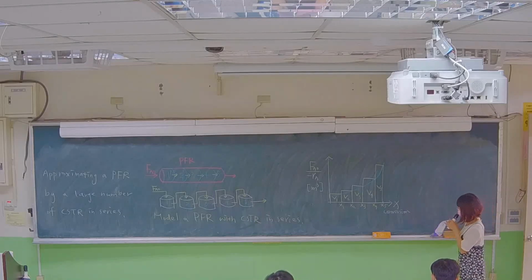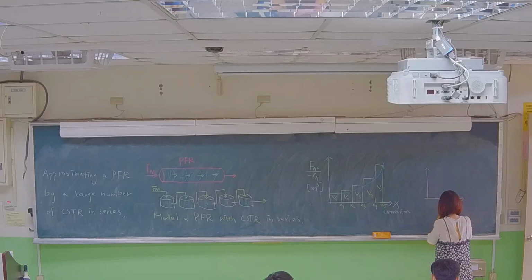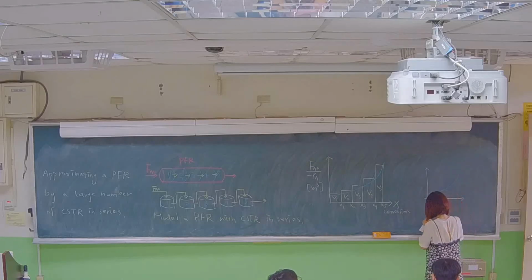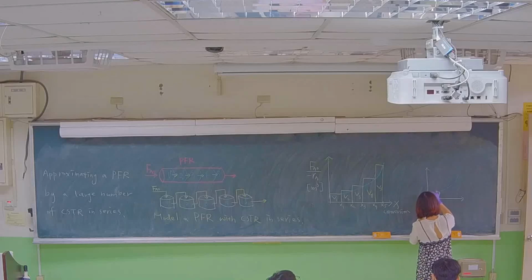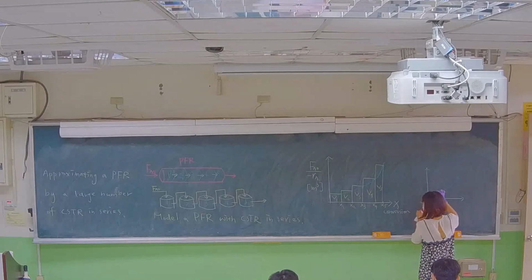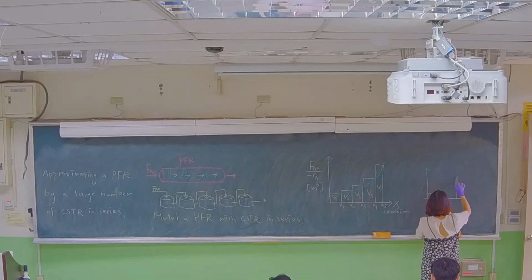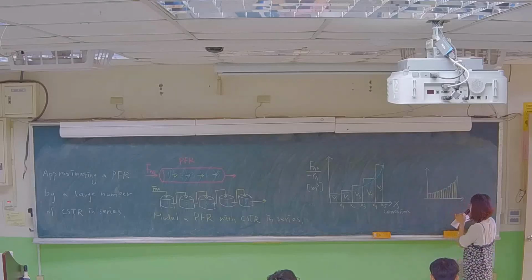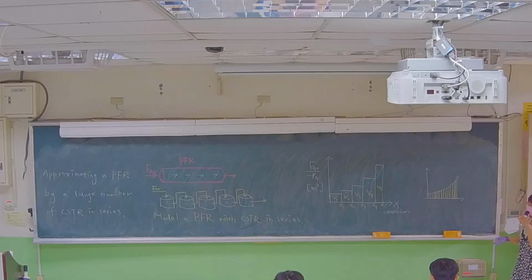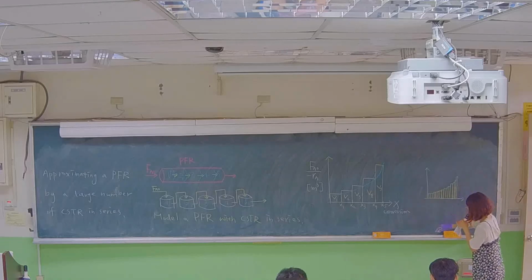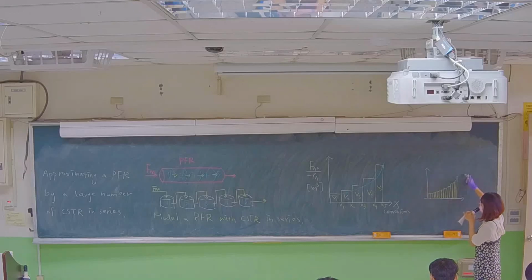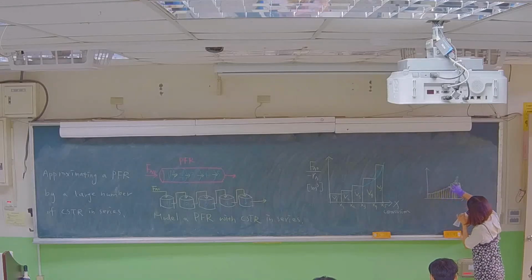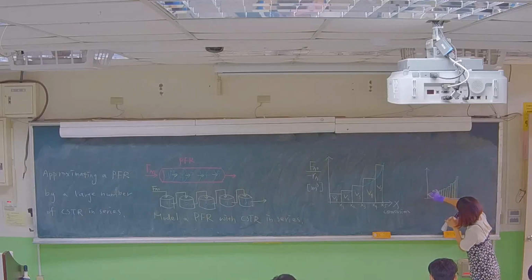Can you find something? If you have many reactors connected in series like this, you can find the total area is much closer to the integral area, right? It becomes closer to the blue one.